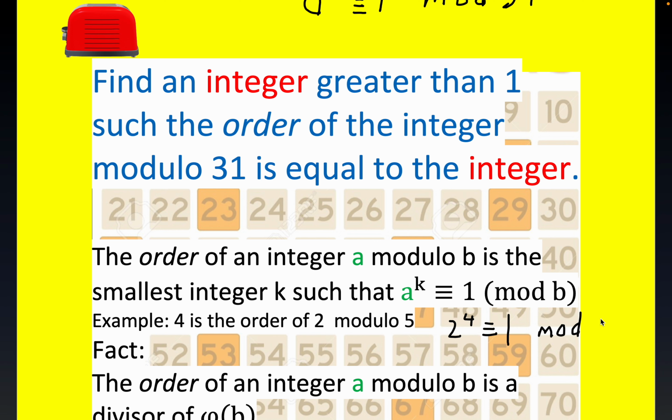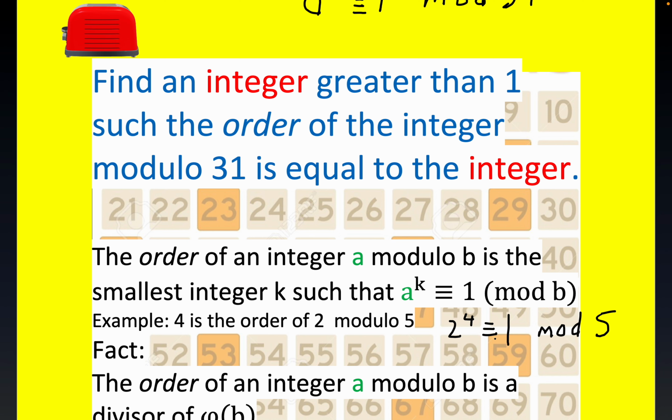But notice it's the smallest such integer. Well, 4 is certainly the smallest integer because 2 cubed would be 8, which would leave a remainder of 3, and 2 squared is just 4, and that's 4 mod 5. So 4 is the smallest integer that enjoys this property.